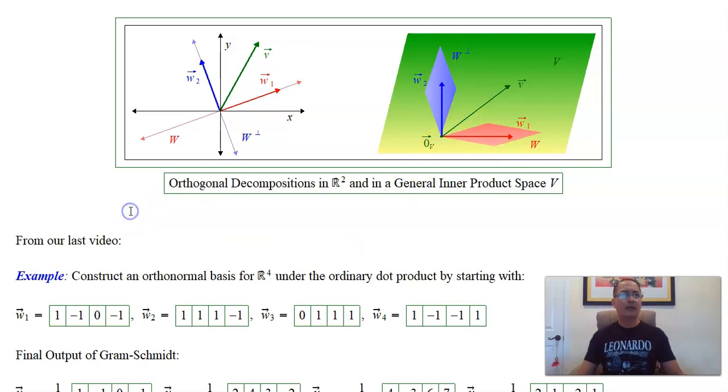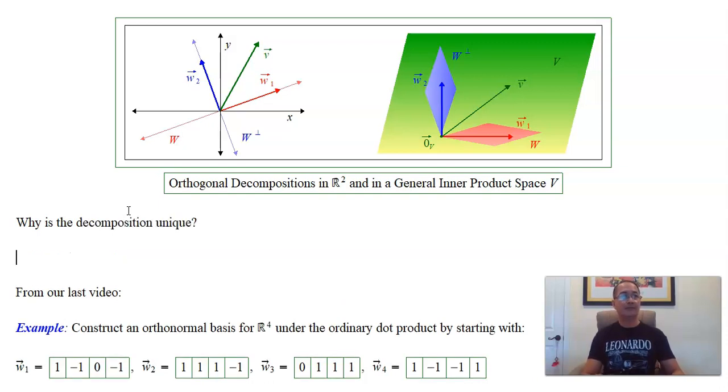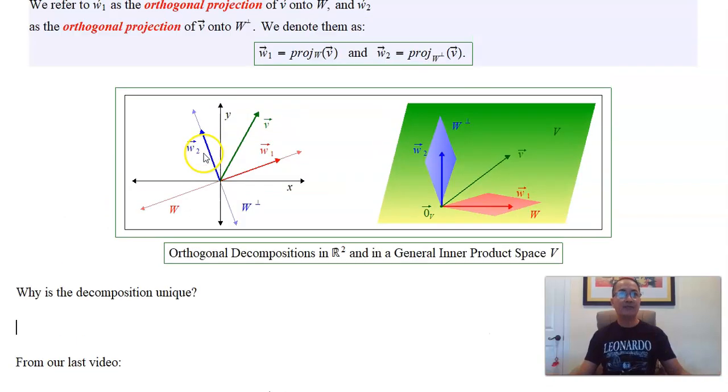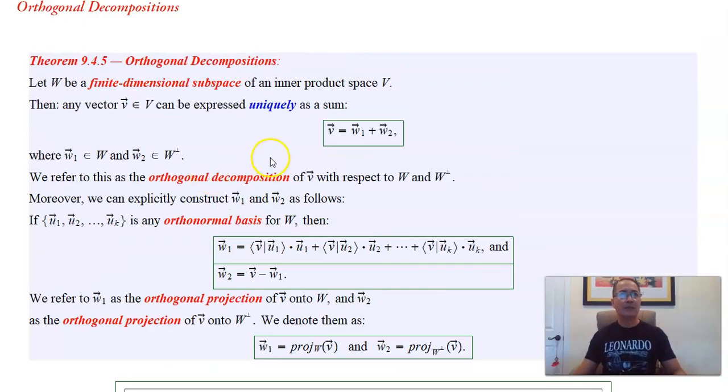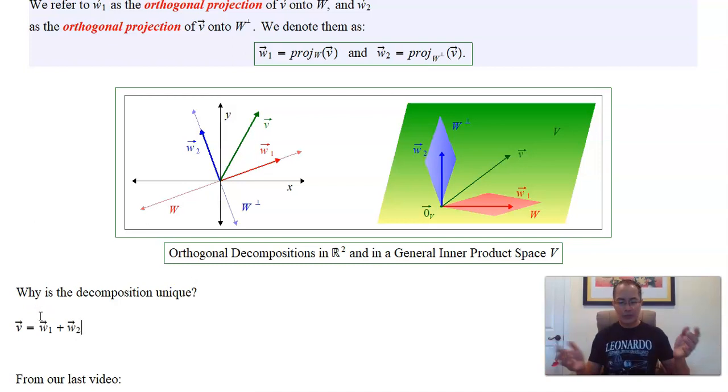By the way, let's talk about uniqueness. Why is the decomposition unique? The formula I leave up to you to see why it works. But why is it that there's only one way to make this orthogonal decomposition? Suppose you had two ways to do it.